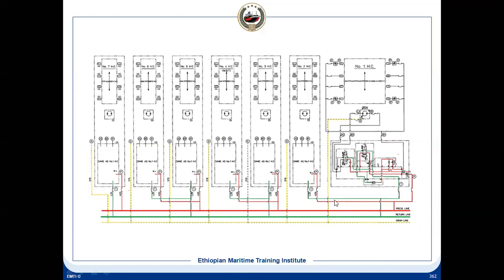This is one type of hatch cover, but it will be more or less the same. The folding type will not have a jack up, but the other type will. Where you have the jack up, first the cleat should be removed, and there can be an auto cleat. If it is an auto cleat, then there will be an interlock. You won't be able to operate the hatch cover automatically.